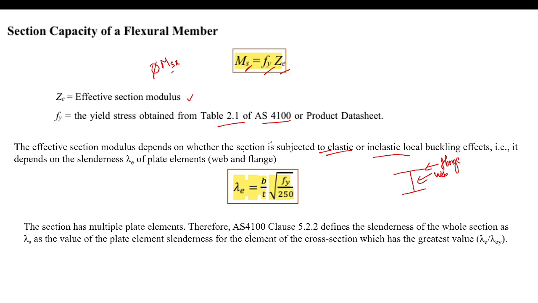For that, AS 4100 clause 5.2.2 defines that the whole section slenderness ratio can be found after finding the slenderness ratio of each plate element, either flange or web, and its slenderness limit in terms of yield limit. We divide the actual slenderness of each element by its yield limit, and whichever has the higher value, we attribute it to the whole section slenderness ratio.